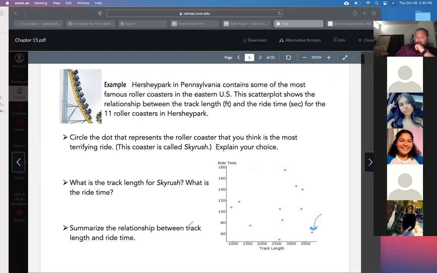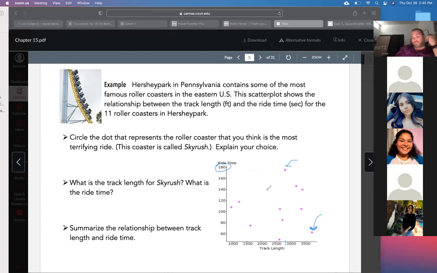Wouldn't it be the ride time? The ride time is how fast it's going? Okay. So wouldn't the top point be the fastest? Well, this one here takes 3 minutes to go. Oh, it's a total time. It's not like the miles per hour.